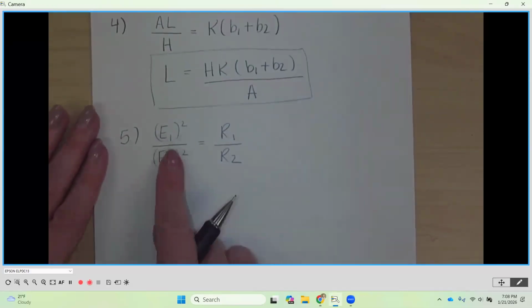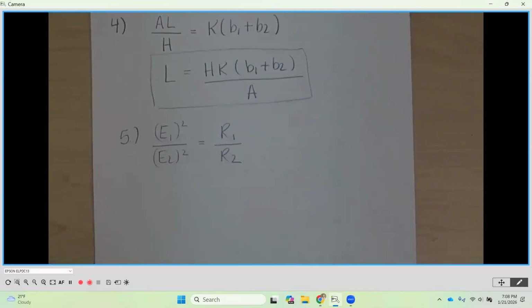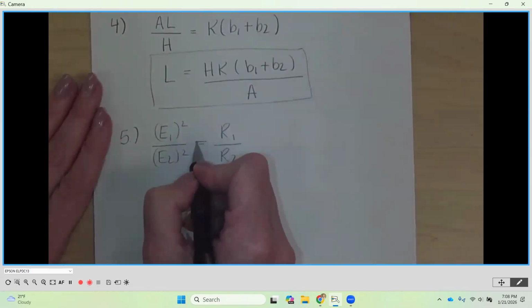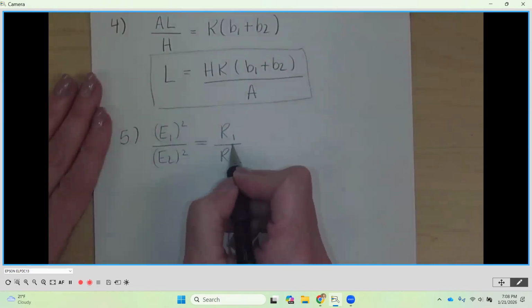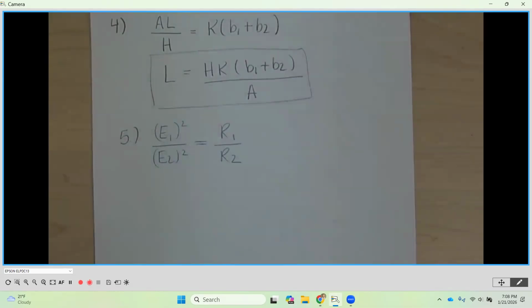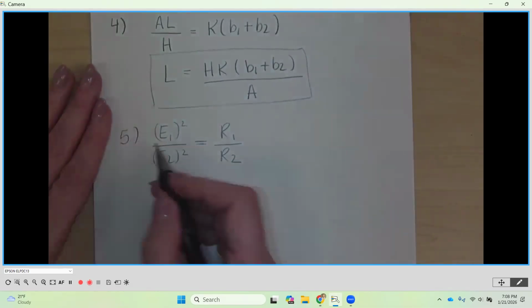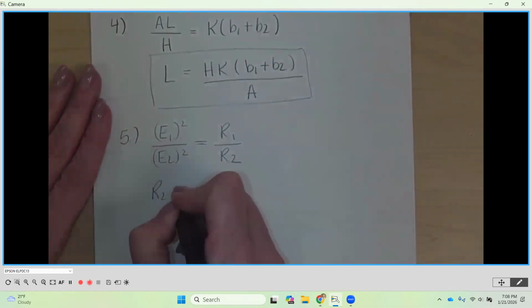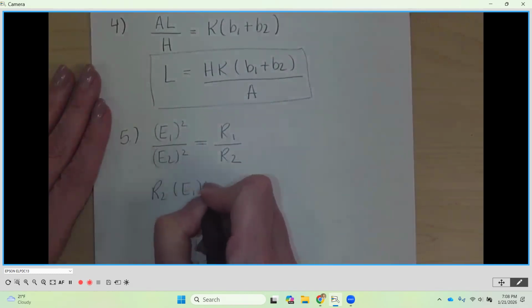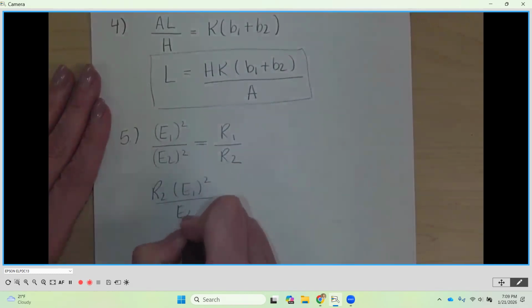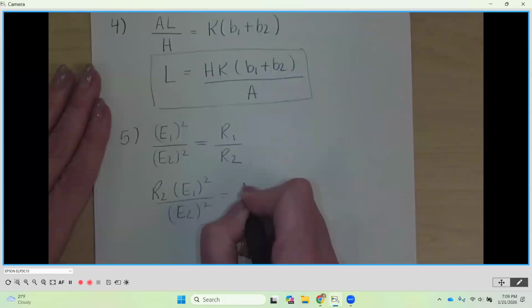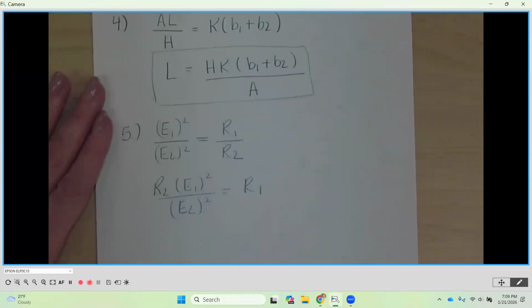So this is the up-down format that we would see. So R2 is going to be what we solve for. I'm going to multiply that up first. So it's going to be R2 times E1 squared divided by E2 squared is equal to R1.